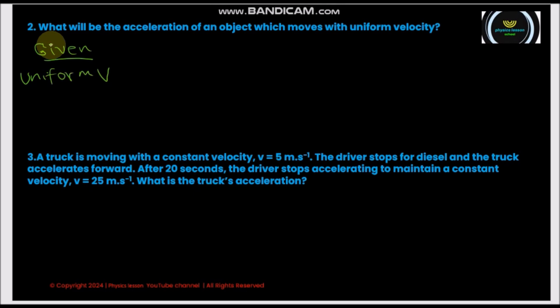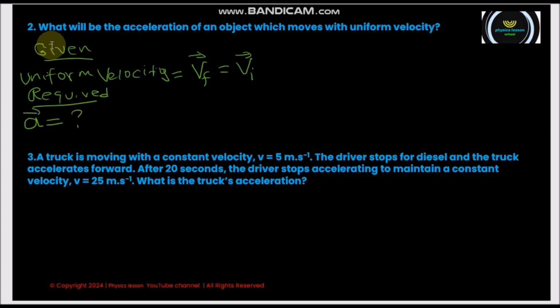Let's say uniform velocity means v final is equal to v initial. That means the velocity is uniform, they are equal. You are required to find the acceleration for this uniform velocity.